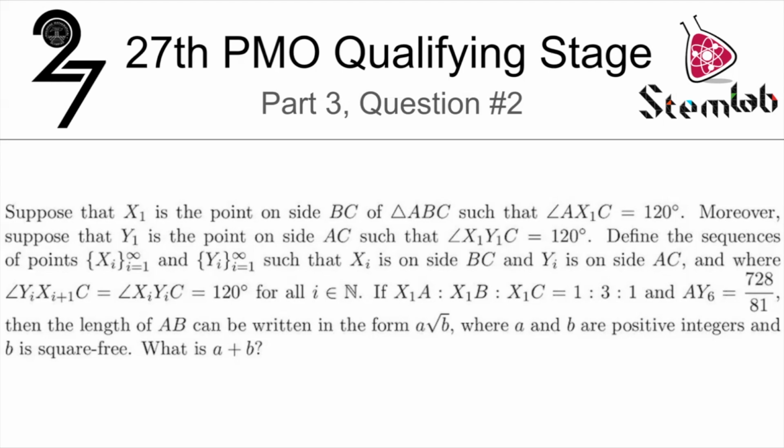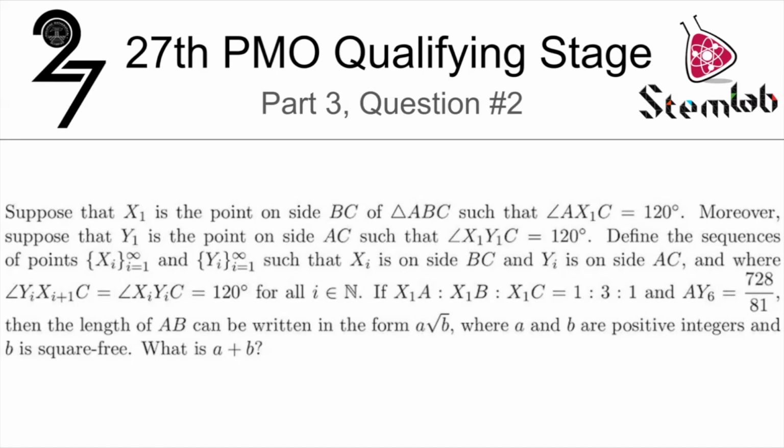Define the sequences of points x sub i from i equals 1 to infinity and y sub i from 1 to infinity such that x sub i is on side BC and y sub i is on side AC where the angle y sub i x sub i plus 1 C is equal to the angle x sub i y sub i C equals 120 degrees for all i, which are elements of natural numbers.